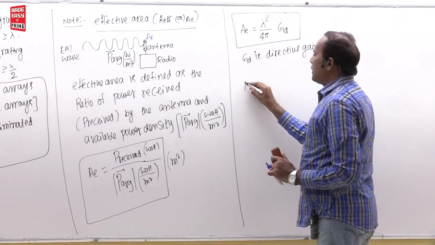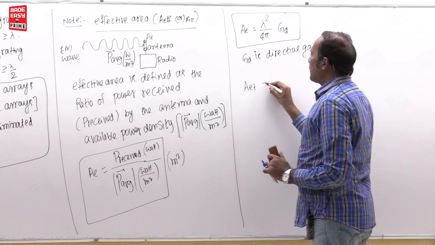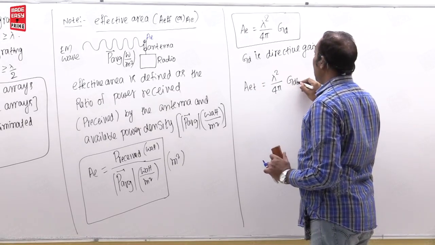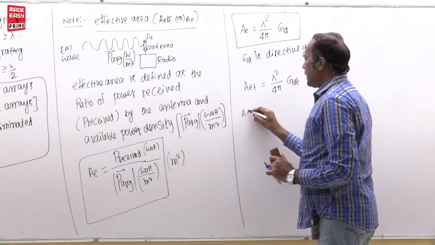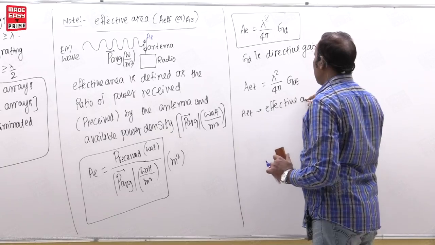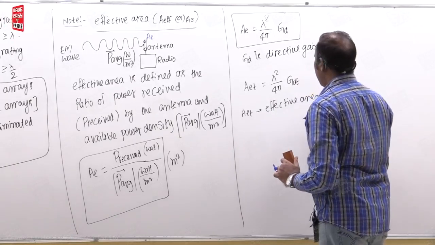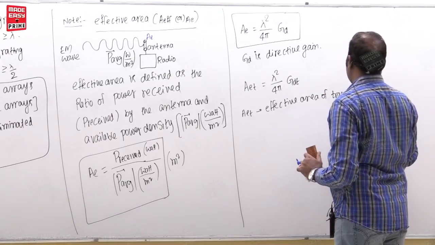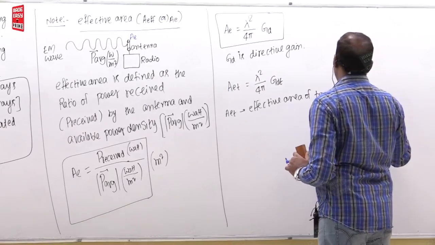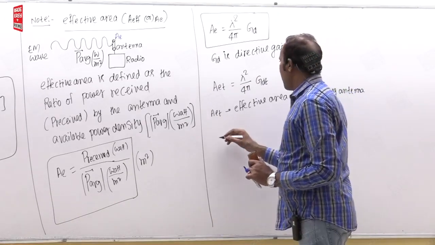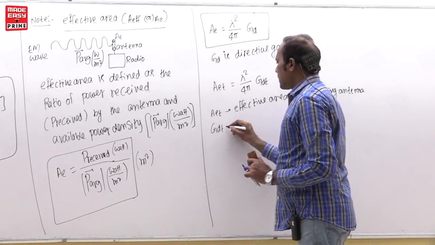For example, in this, for AET you put lambda square by 4 pi GDT. So here AET is the effective area of the transmitting antenna.